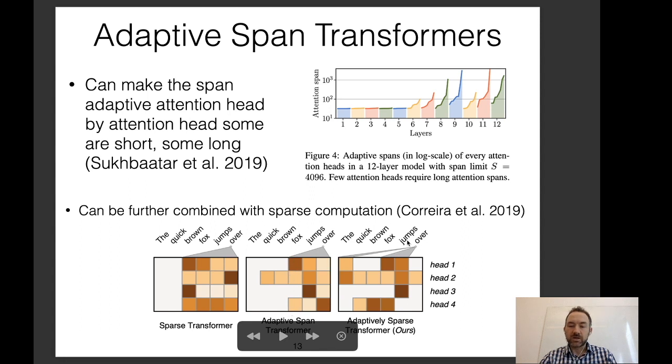And what the adaptively sparse transformer does is it attends back in the past, but it can choose which parts to attend to. So it may attend to this word, but not to intervening words and other words like this.